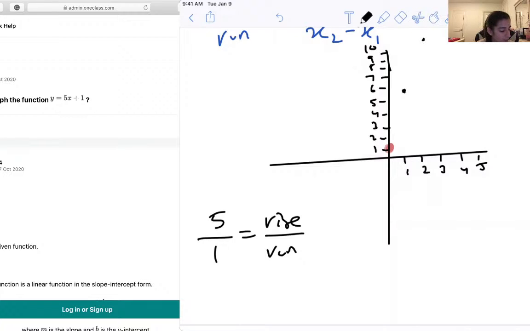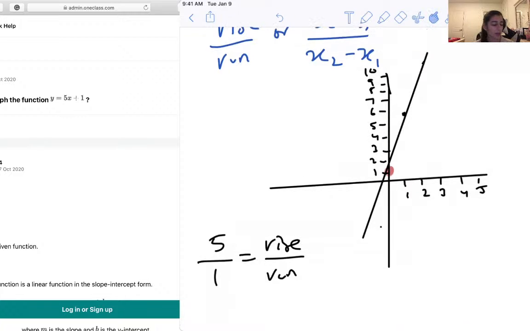And from there we can kind of tell that that is our line. Kind of like that. Right over there. Where is a more accurate one? Okay, like that.